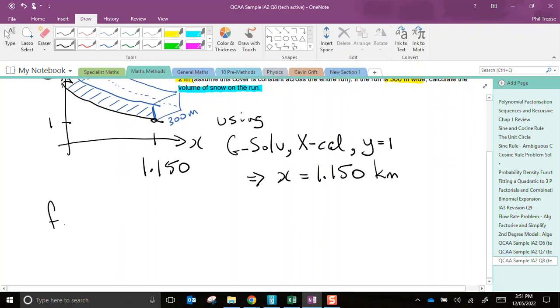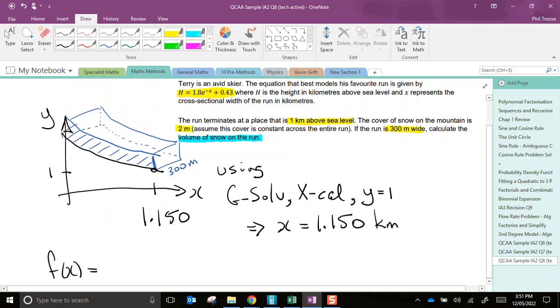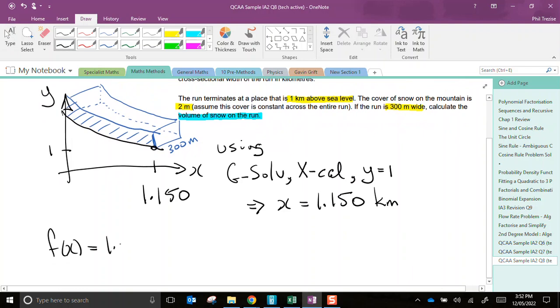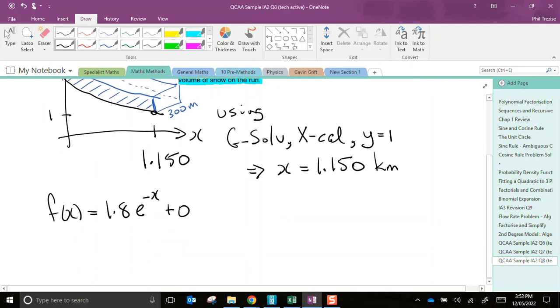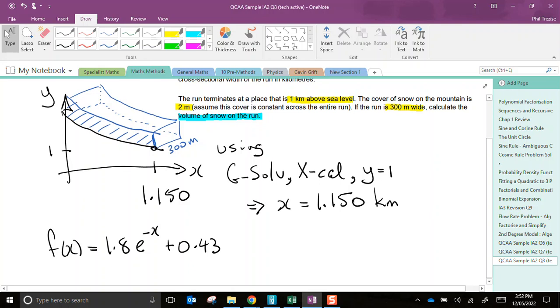So my first function for the actual ground is the one that was given, 1.8 times e to the negative x plus 0.43, I think it was, 0.43, and I better label my function there on the graph as f of x, so the examiners know what I was saying.